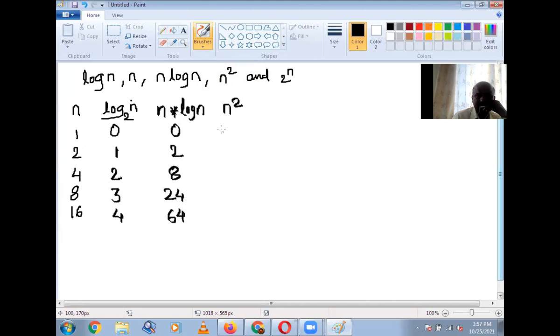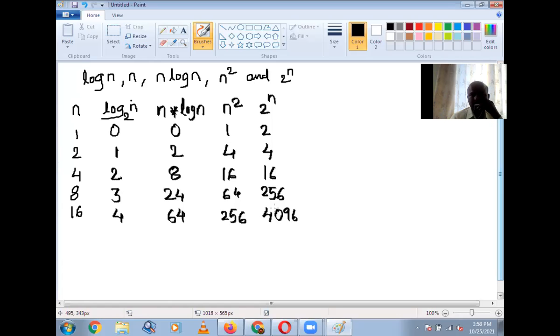So 1 square 1, 2 square 4, 4 square 16, 8 square 64, then 16 square 256, then 2 raised to n, that is 2 raised to 1, that is 2, 2 raised to 2 4, 2 raised to 4 16, 2 raised to 8 256, and 2 raised to 16 4096.